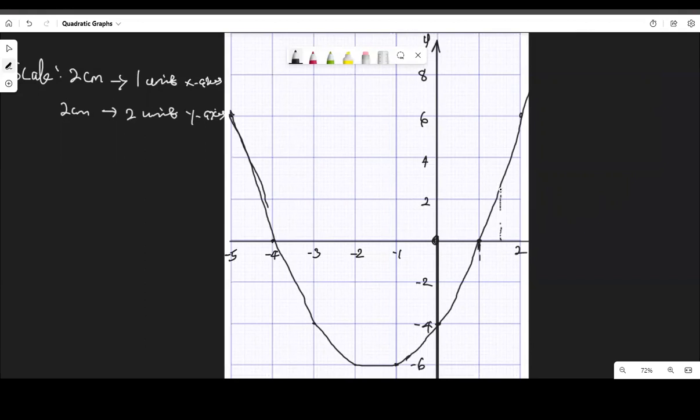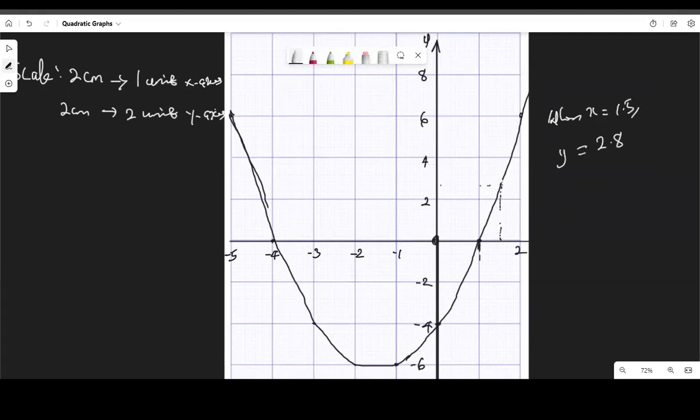I touch it here, then I trace that to the y-axis. This is about 2.8 or so. It's not up to 3. 3 is right here. So when x is equal to 1.5, y is equal to 2.8.